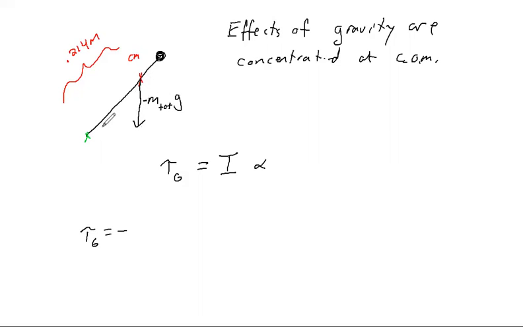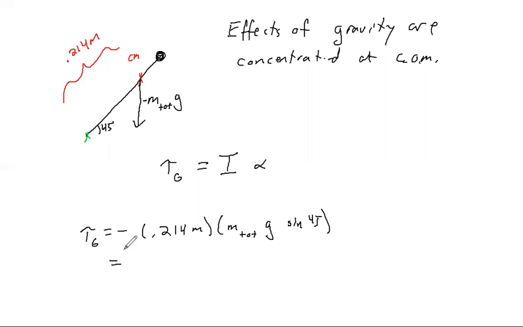I told you that this was at 45 degrees, so the perpendicular component is going to be mg sine 45. So I'm going to get a lever arm of 0.214 meters times m times g times the sine of 45.